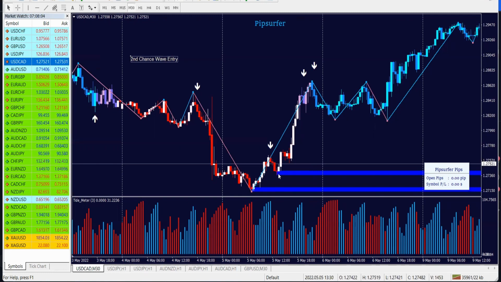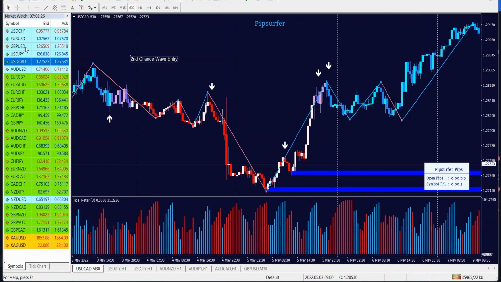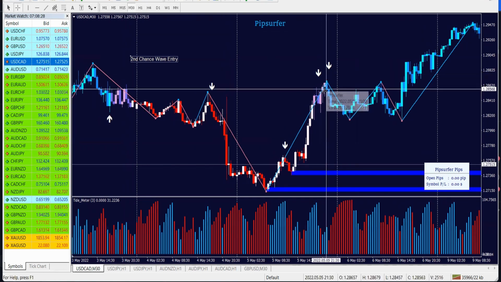What you can do under the second chance wave entry is, if you lost that entry, that means the market pushed up higher. Pipsurfer gives another entry, because it's designed to give a second entry to try to catch the move if the first entry doesn't work. For example, let's go with the first arrow.